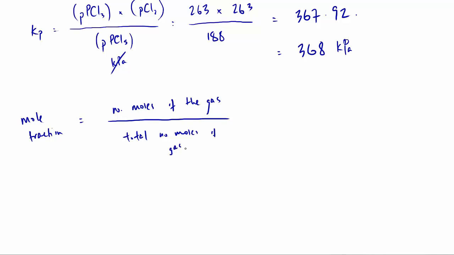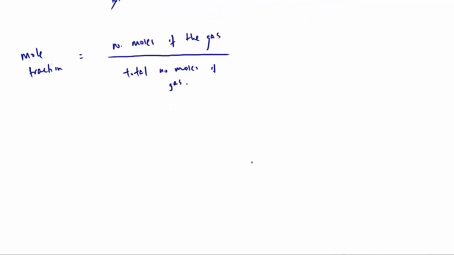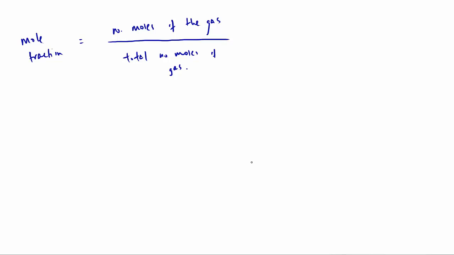So that's not just of that one gas, it's the total number of moles of the gas. So the mole fraction is the number of moles of a particular gas that we're talking about, oxygen, chlorine, whatever it be, divided by the total number of moles of gas in that equilibrium system at equilibrium. And so a question would look something like this for working out mole fractions.